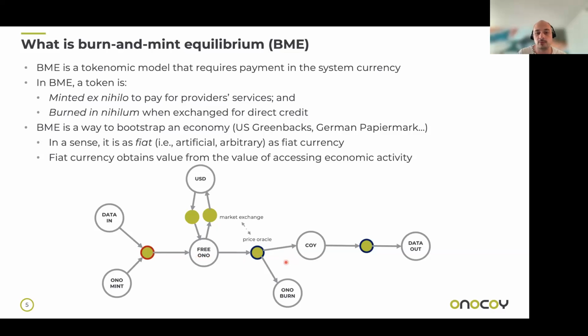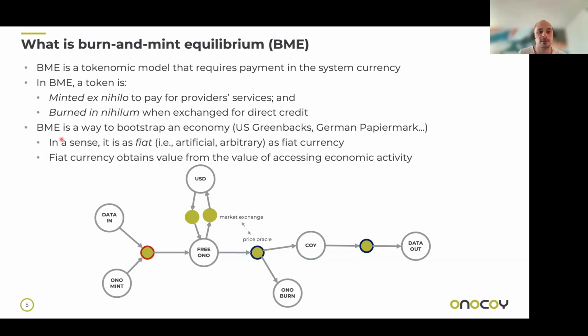Then if somebody wants to use this data, they have to pay us in direct credits, like I said, and to get those direct credits, they have to use Onos, the token. Once it gets swapped between the direct credit and our token, it gets burned, so into nothing, basically; it just ceases to exist. That's the burn and mint equilibrium model. Onocoy's model is a little more complicated, but I will not be going into detail about that because it's unnecessary.